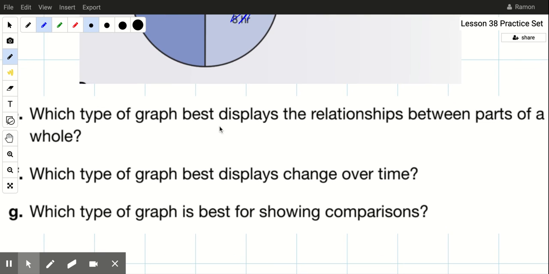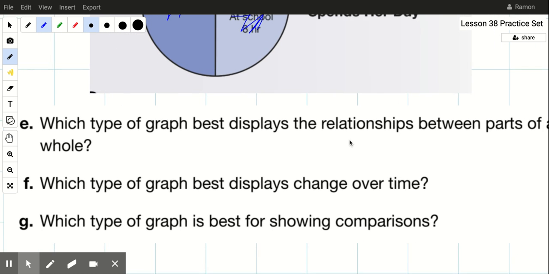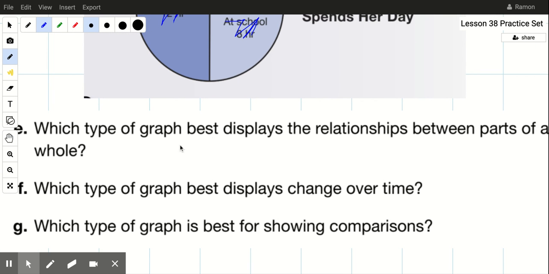For E, which type of graph best displays the relationship between parts of a whole? Well, we just went over that, right? In a circle graph, again, this does it because you can kind of see relative to everything else how much one part takes up compared to the rest of it, without having to calculate anything mentally like you would have with the pictograph or a bar graph.